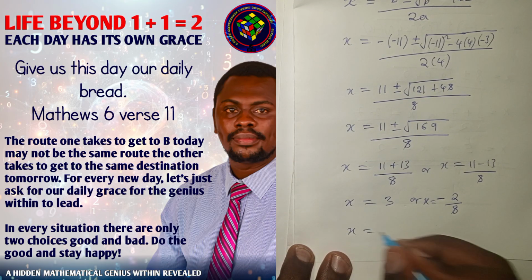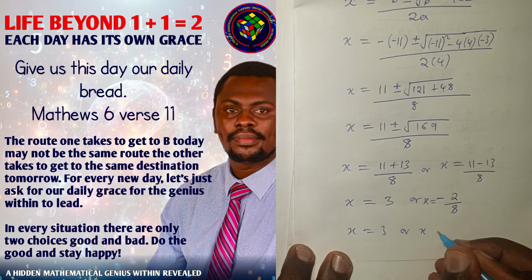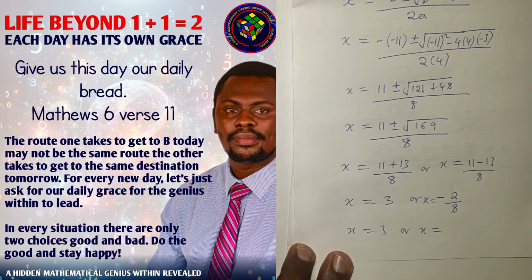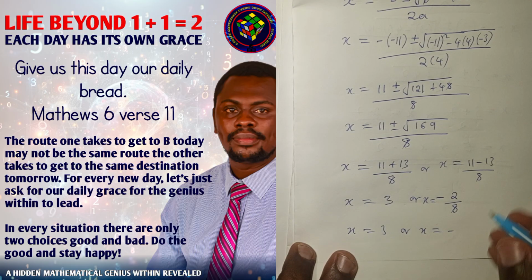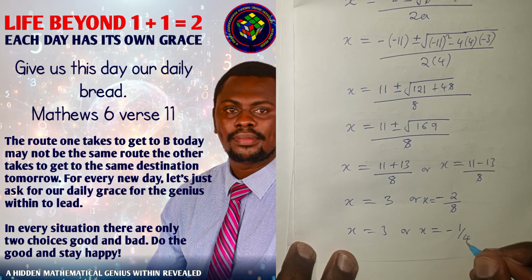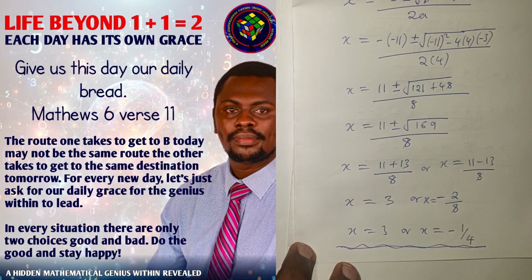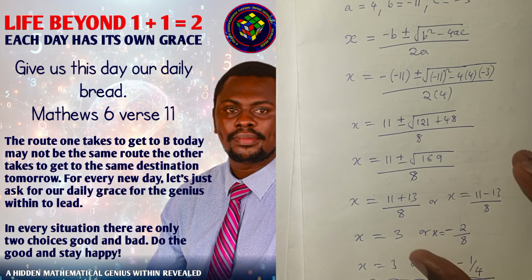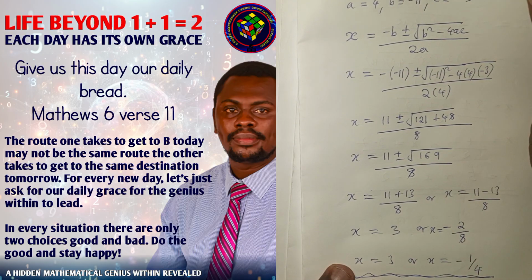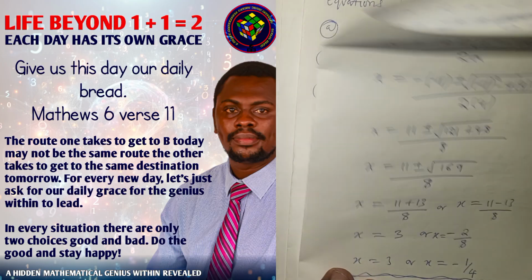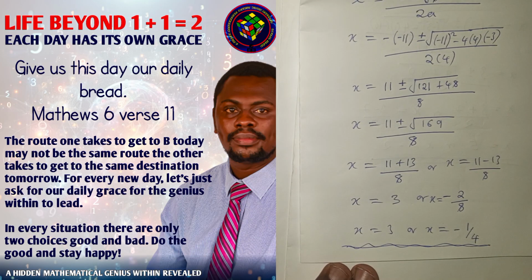So we have x is equal to 3, or x is equal to, what is the highest common factor for 2 and 8? Yes, that is 2. So negative 2 in 2 is 1, 2 in 8 is 4. Okay, so we have x is equal to 3, or x is equal to negative 1 over 4.